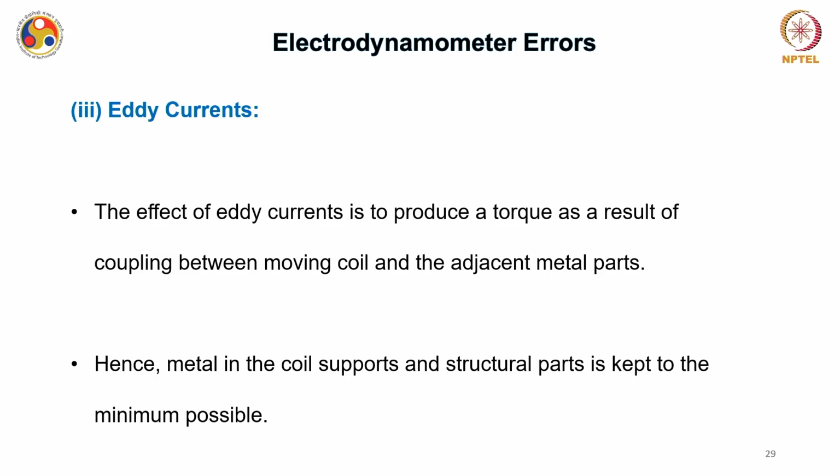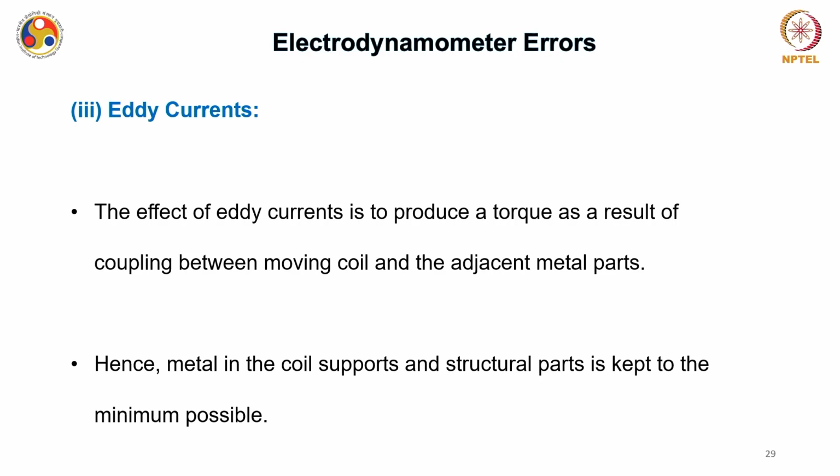Then the third source of error is eddy currents, and this was the major reason why the moving coil in electrodynamometer instruments has non-magnetic, non-conducting cores or a non-conducting former. The effect of eddy currents is to produce a torque as a result of coupling between the moving coil and the adjacent metal parts.